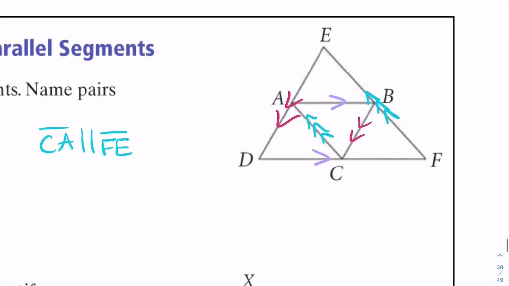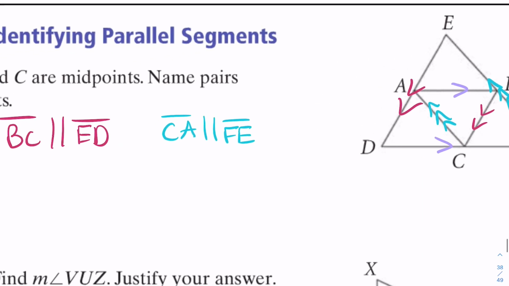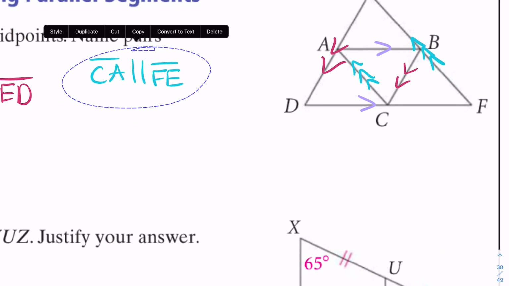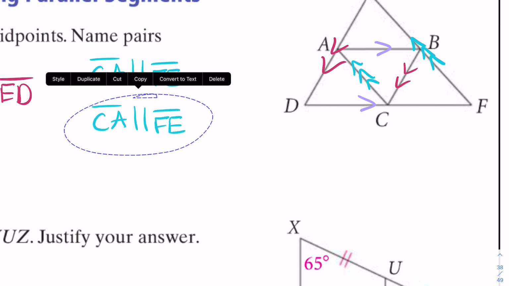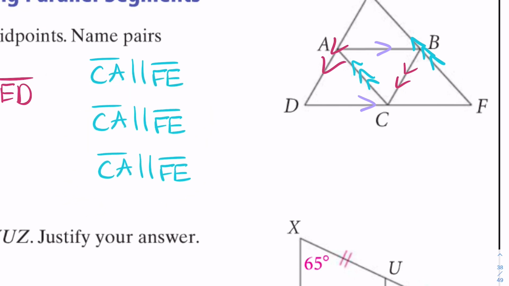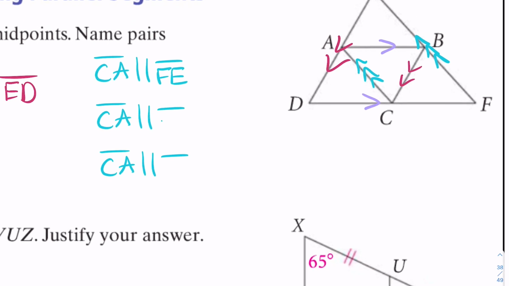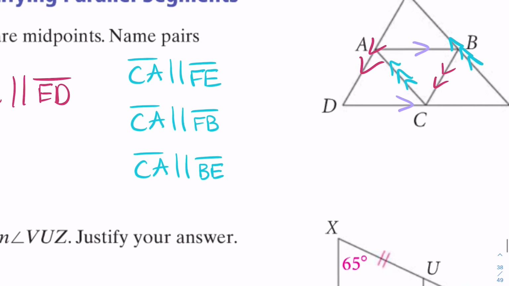Now, can you say that CA is parallel to FB? That is true. So there's multiple things that you could say for this as well. I mean, maybe I should just list them all out. So it's parallel to really any of these. So I'll leave FE, but I'll do a couple more. So FB and BE are true as well. Those are true statements.